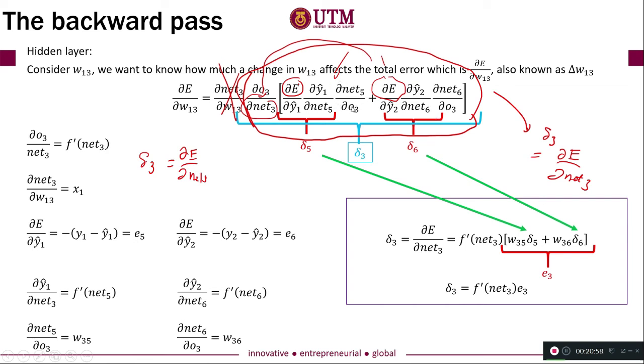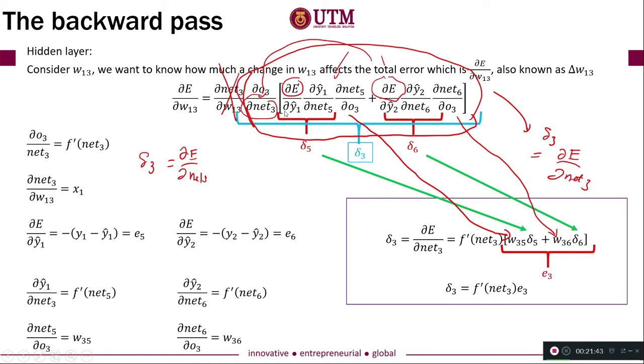Now del net 5 over del O5 is actually this one, del net 6 over del O3 is this one. So since you know, when you do derivative over this one, you get W35, this one you get the W36, then you replace it here. So this one is actually this one, and this one is actually this one. So in other words, if I replace this one and this one, then it becomes W35 delta 5 plus W36 delta 6.